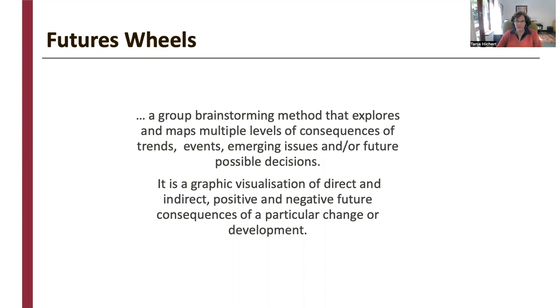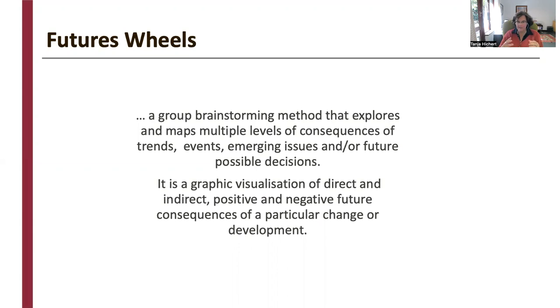A definition, this is in the handbook chapter: a group brainstorming method that explores and maps multiple levels of consequences of trends, events, emerging issues, and or future possible decisions. The example I'll show you in just a second is all about imagining a future disaster and then looking at the unfolding impacts and consequences of that event having happened.